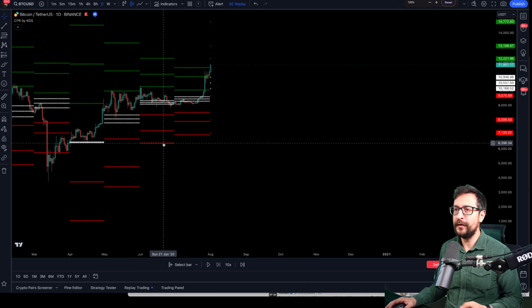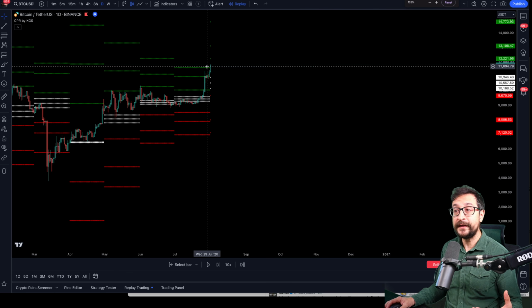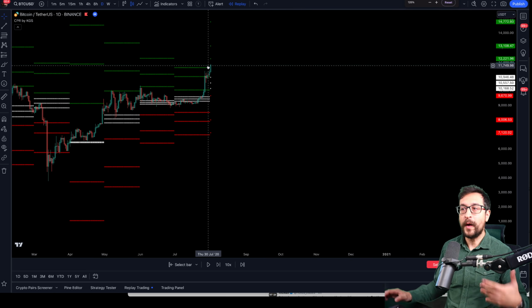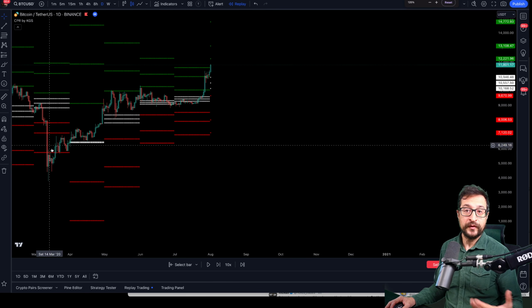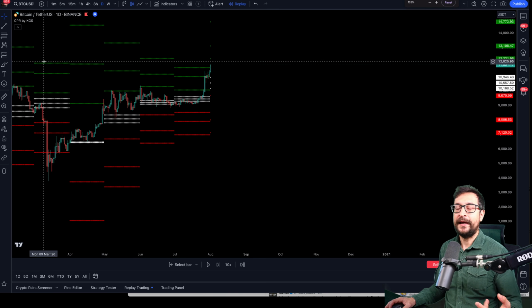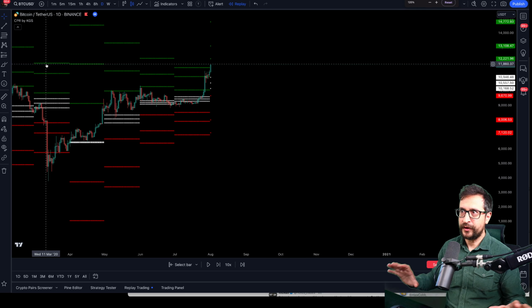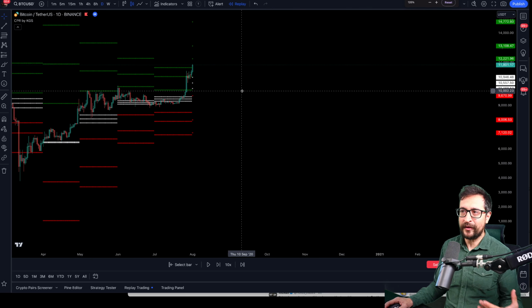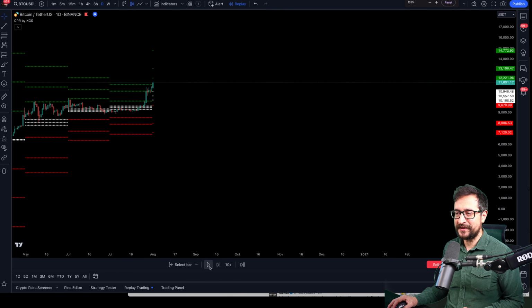If you do so, make sure that you don't start the grid bot from this point because obviously it's very overextended to be there. It will be wiser to consider to enter on a grid bot from support rather than entering at resistance. At least in the vast majority of the cases, you will be better off doing that. So that is not financial advice, but it is the way I would do it.